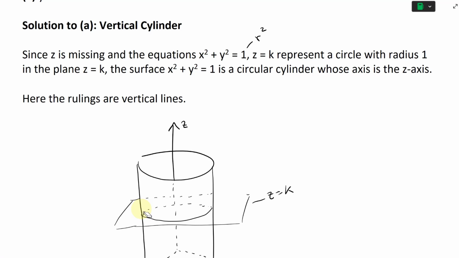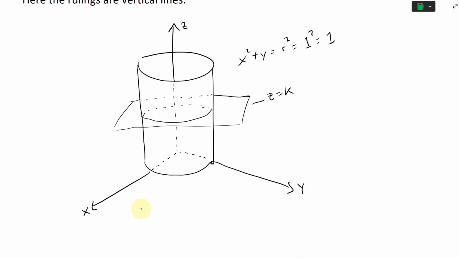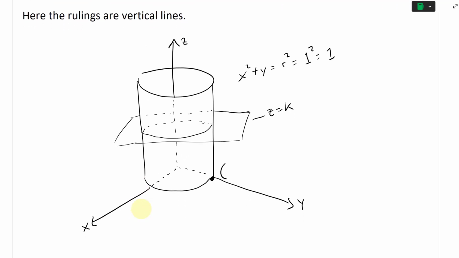We just put a slice like that. All of these circles are going to be x squared plus y squared equals the radius r squared equals 1. In other words, 1 squared is just equal to 1, so the radius is all 1. So this point right here is radius 1, so it's going to be 0, 1, 0 like that.